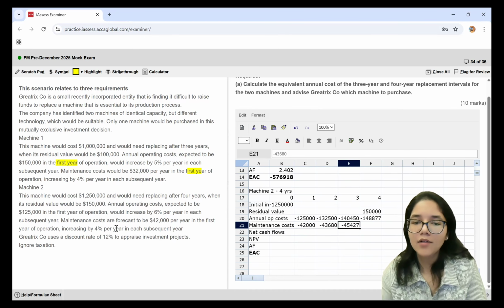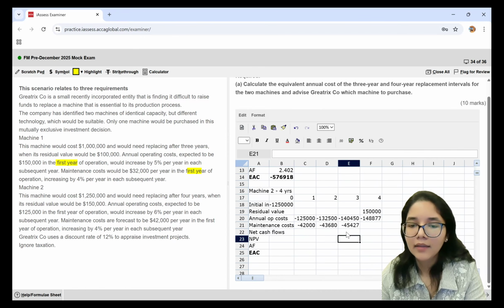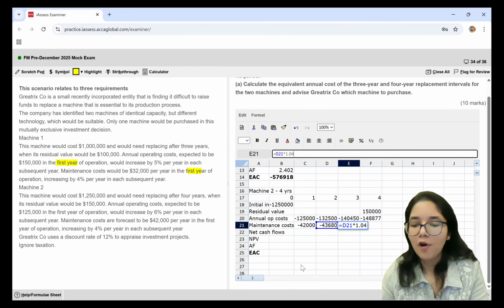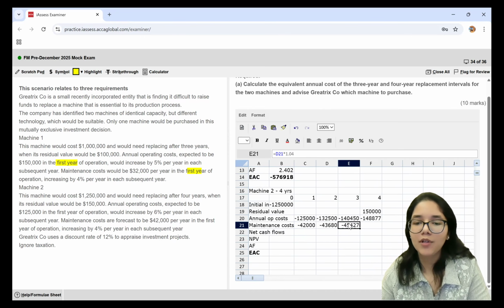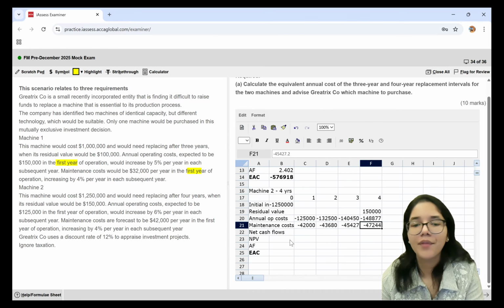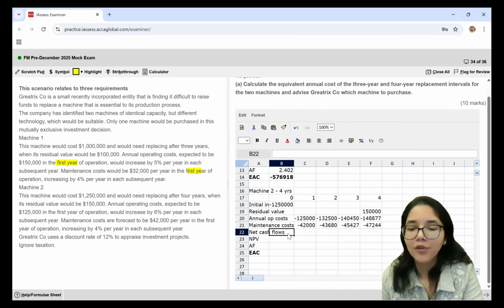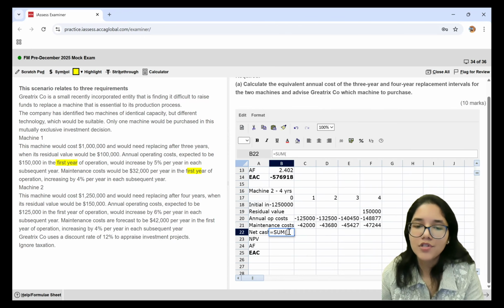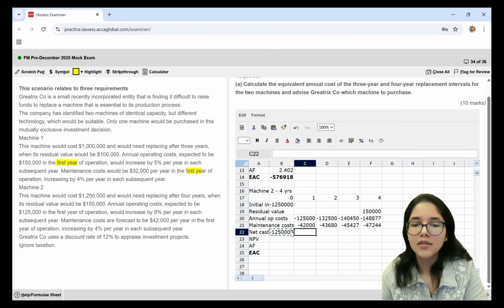Same, you can copy paste here. So it'll automatically put the formula accordingly, and same you can copy paste over here. So this way you will be able to work out the maintenance costs. Now you can calculate the net cash flows. You can use the sum function to find out the net cash flows.